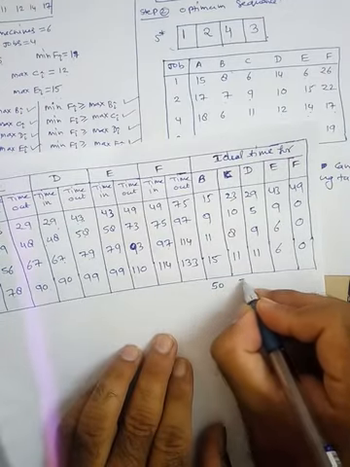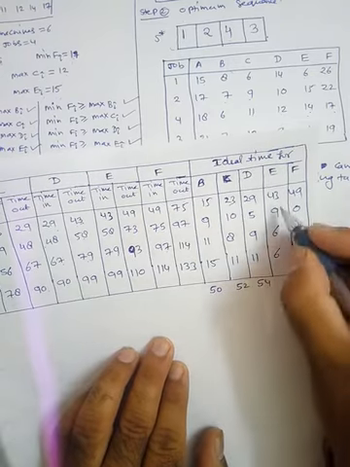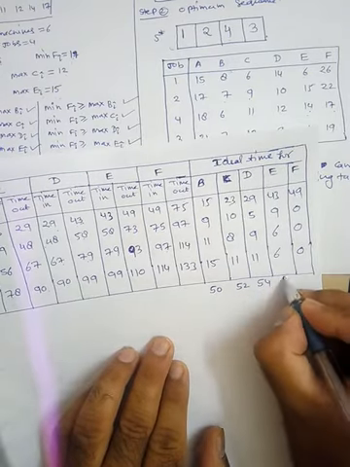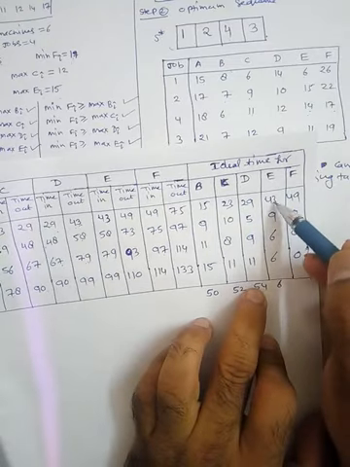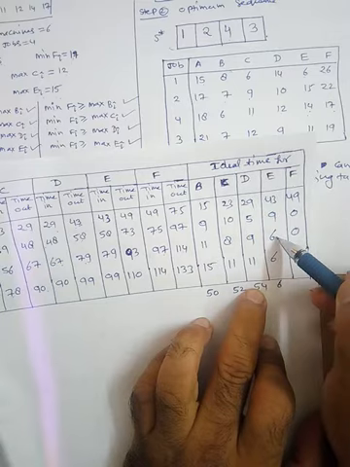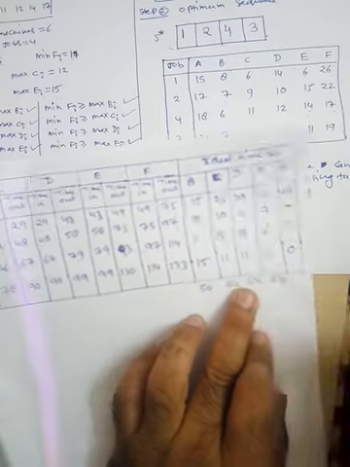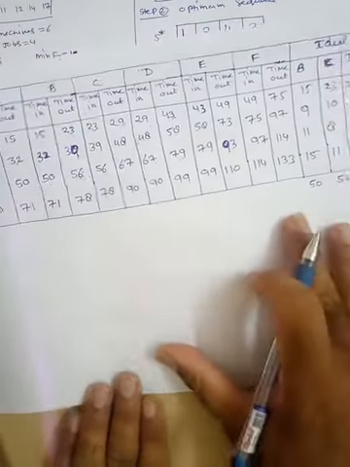Here the total sum is 52. Here the total sum is 54. Here the total sum is 60. 43 plus 9, 52, 58, 64. And here is 49. So this is the calculation.